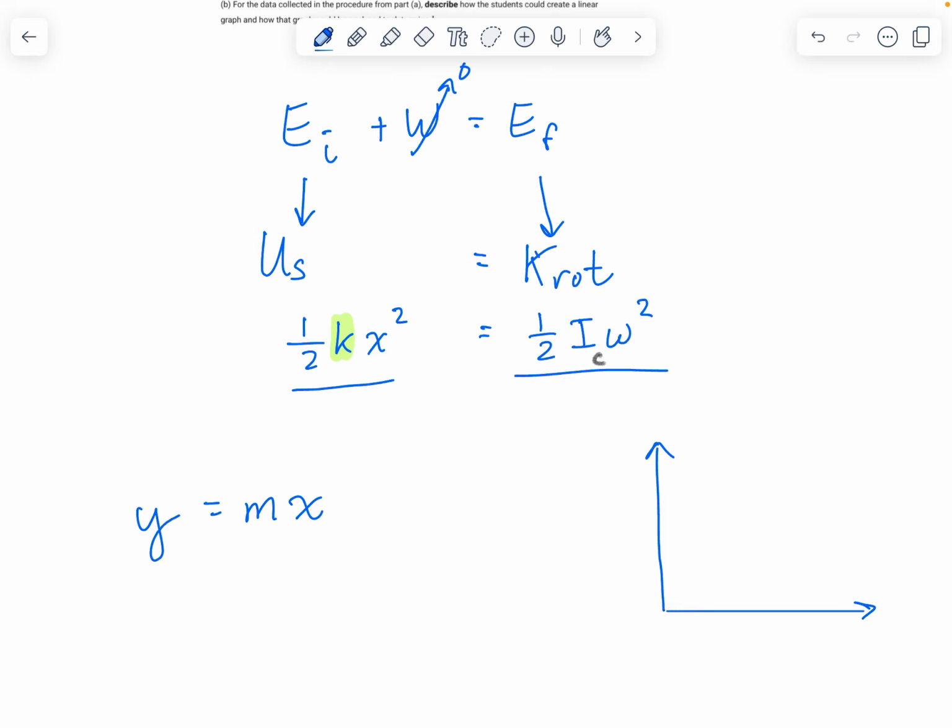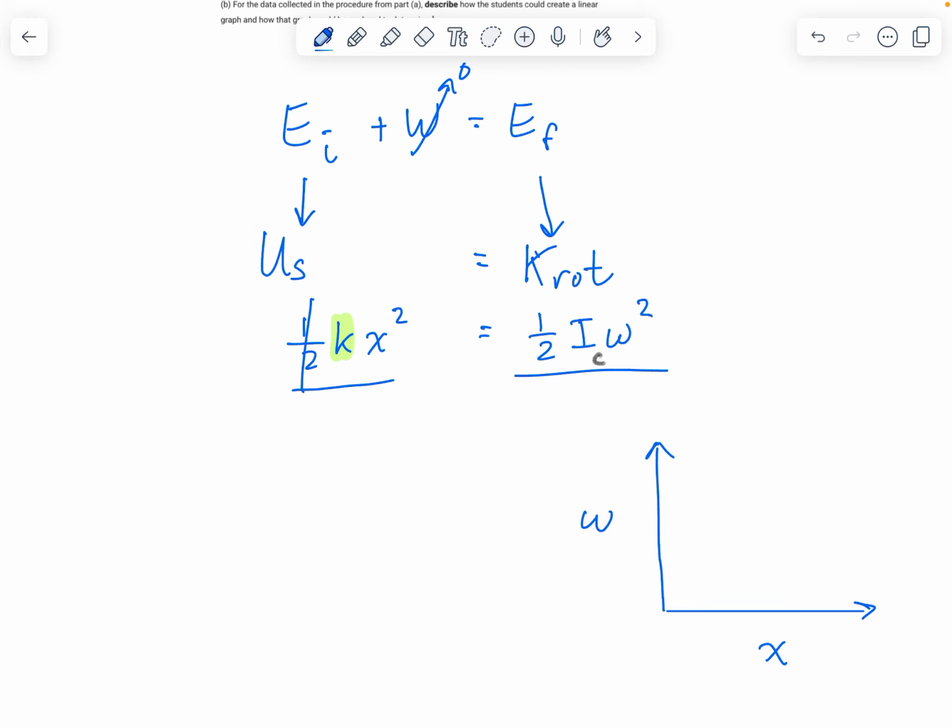Now, we need to create a linear graph, so we need to be careful because it might be logical to say, oh, the final angular rotation of the cylinder is going to depend on how much we stretch the spring. But if you actually rearrange the equation for omega, what would we get?